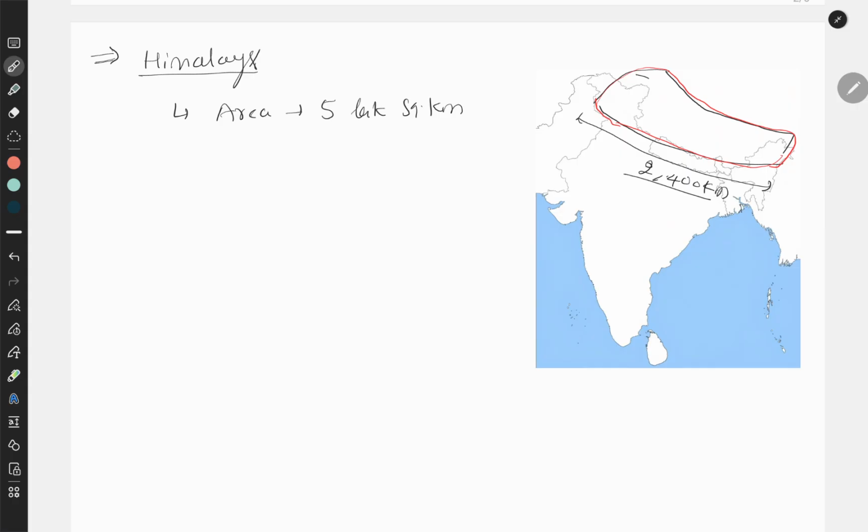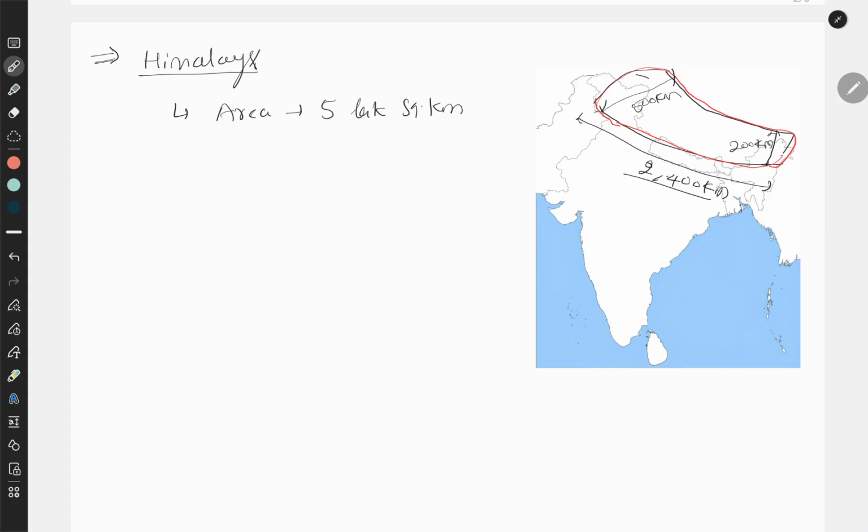The Himalayan width is more in Jammu and Kashmir, around 500 kilometers, and less in Arunachal Pradesh, where it is 200 kilometers.